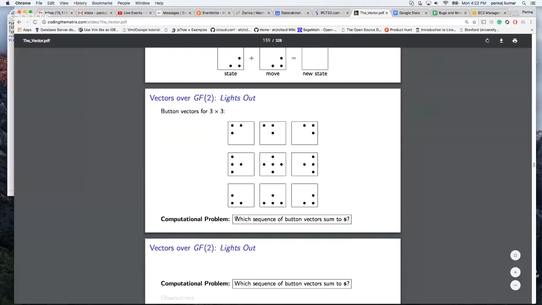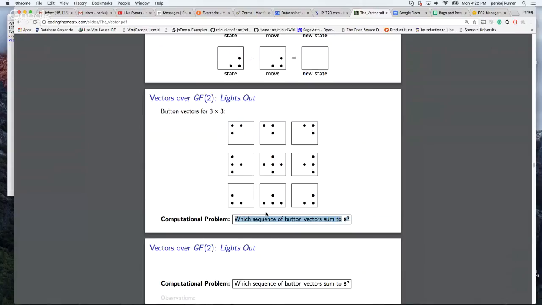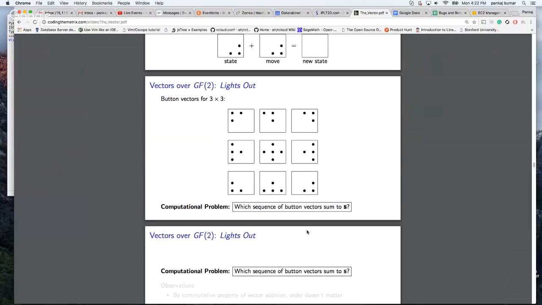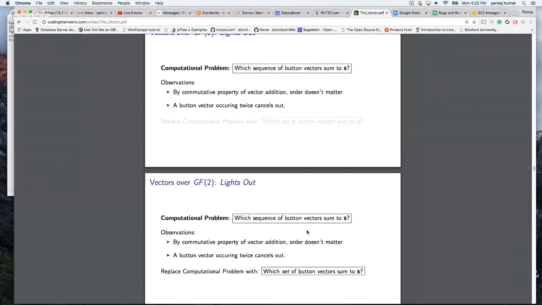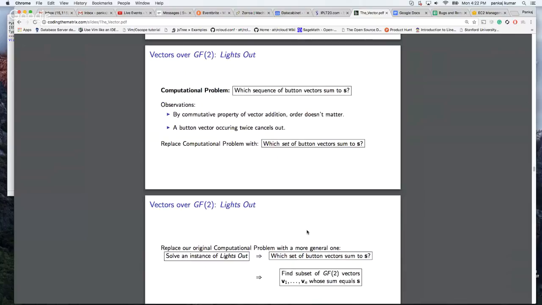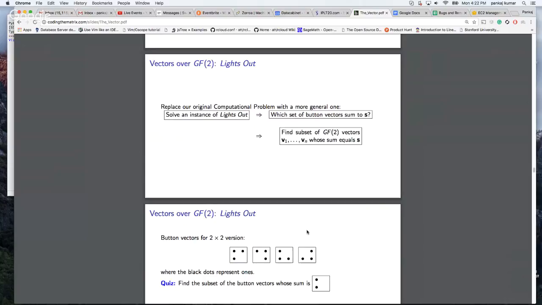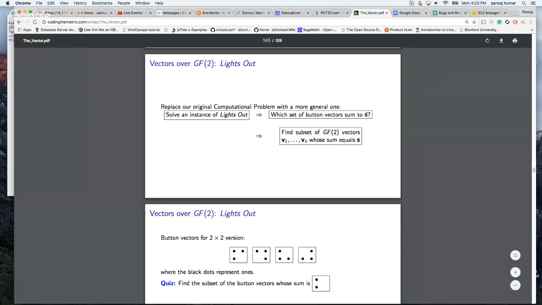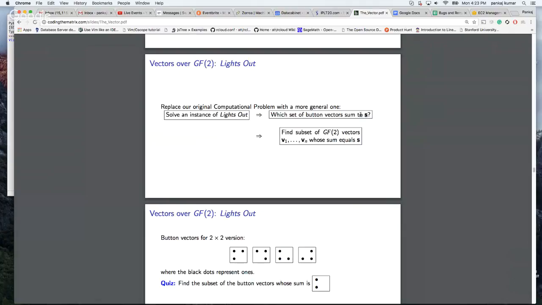So you could see it as a computational problem to find the button vectors that take the touchpad from one screen to some particular state S. All right, vectors over GF2, Lights Out: find vectors whose sum equals S. Solve an instance of which set of button vectors sums to S. So you're given a certain state S. How would you get to that state?